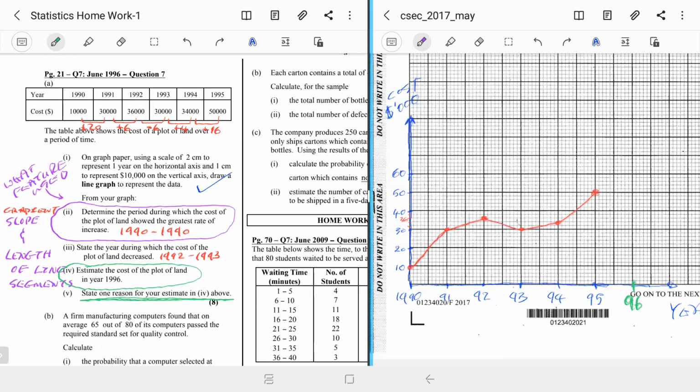You draw a straight line from the beginning to the end, using a ruler.